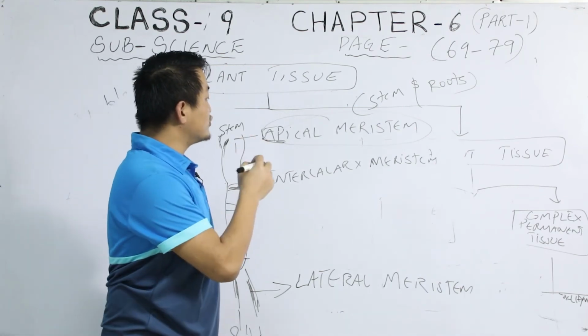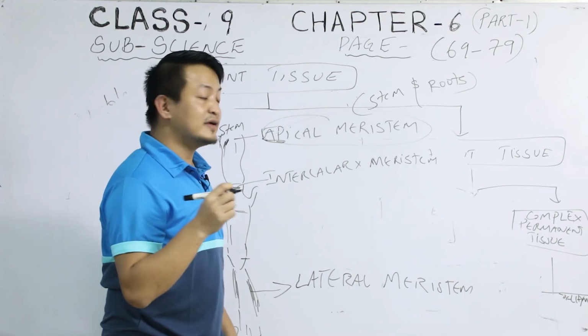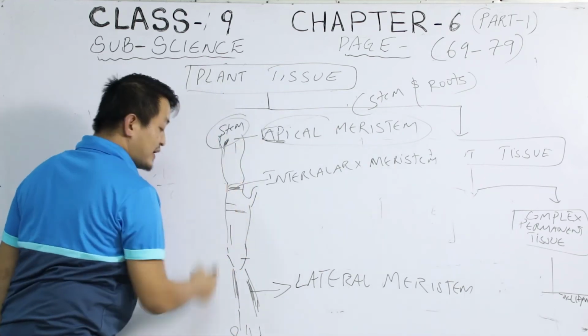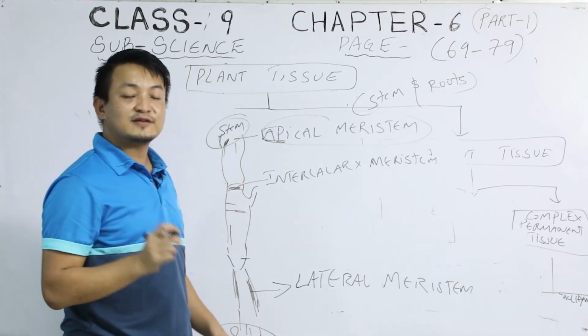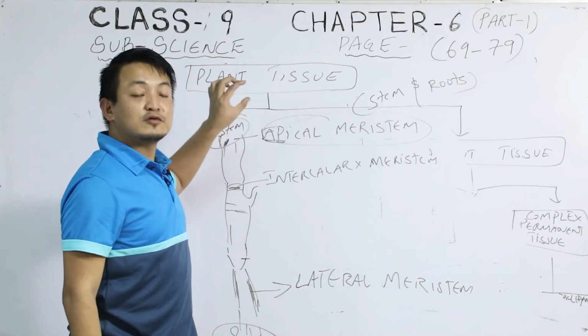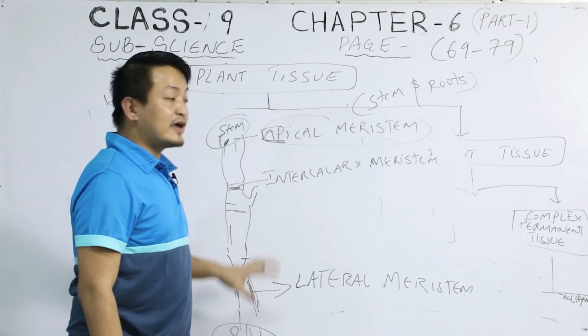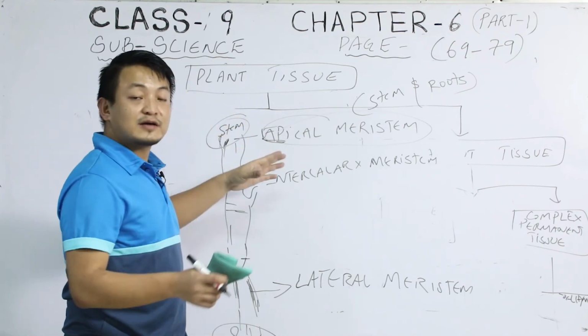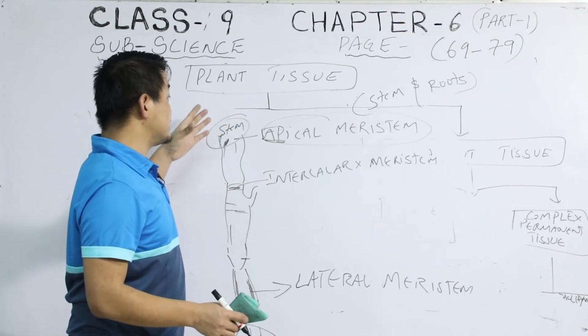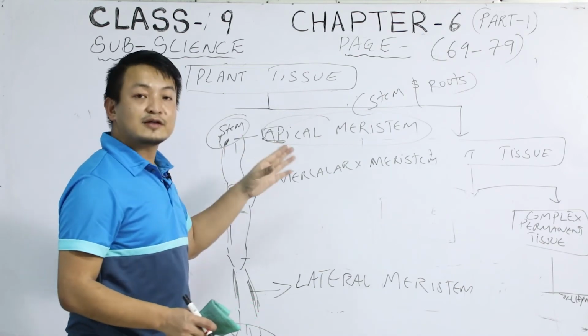Where are you going to find the apical meristem? At the growing tip of the stem and the root. Keep this in mind. Here the increase in growth and height would take place.